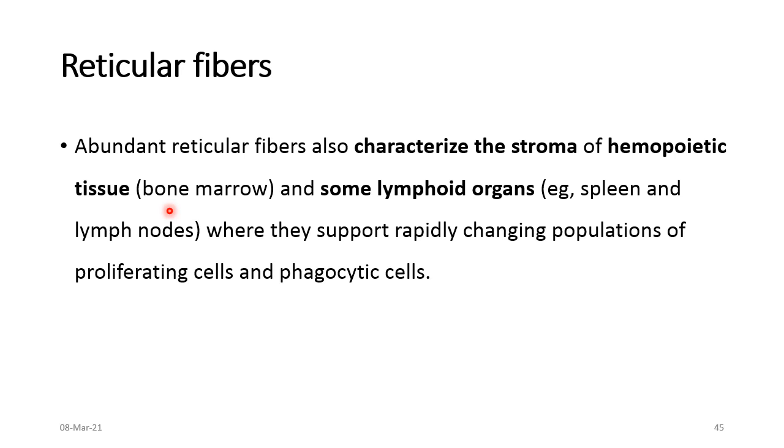The hematopoietic tissue is in the bone marrow, and in the lymphoid organs, spleen, we find a large amount of reticular fibers as a stroma. What do they do? They support these reticular fibers. They support rapidly changing populations of proliferating cells, phagocytic cells.